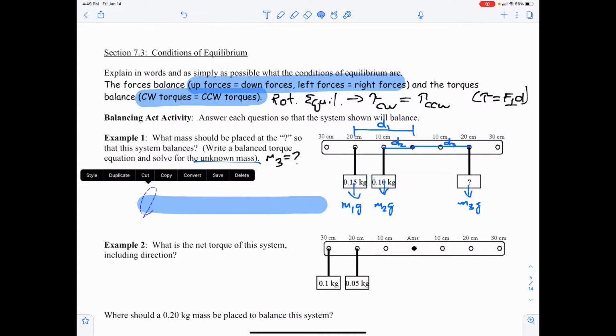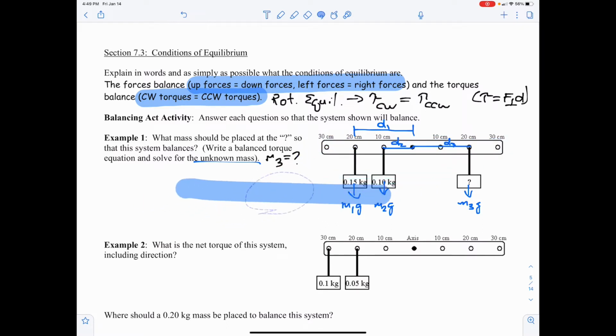Okay, so you can see that m1 and m2, weight 1 and weight 2, are on the left side of the pivot point. Therefore, since they're pulling down on that side, they would cause counterclockwise rotation. So there's 2 forces that cause 2 counterclockwise torques. Whereas m3, or weight 3 rather, is pulling down on the right side.